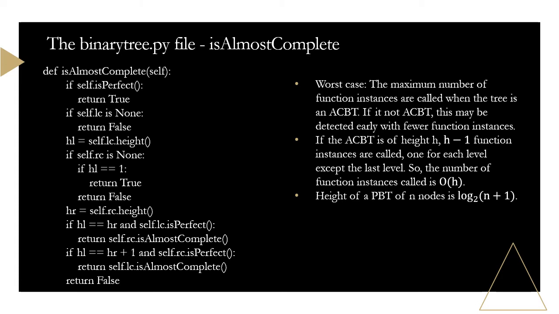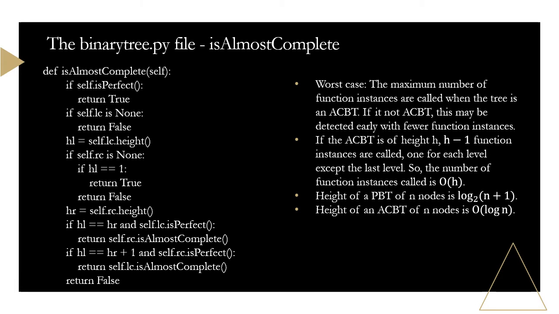So I can say that the number of nodes in the PBT will always be greater than or equal to the number of nodes in an ACBT. In other words, the number of nodes in the PBT is an upper bound on the number of nodes in the ACBT of the same height.